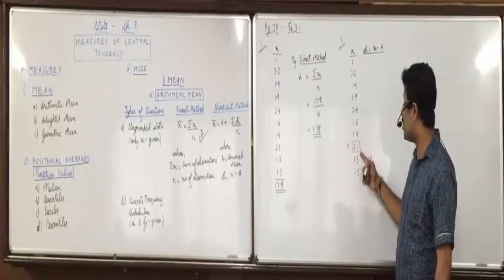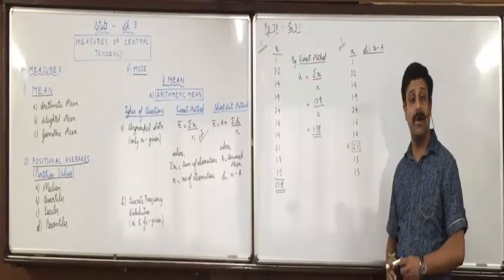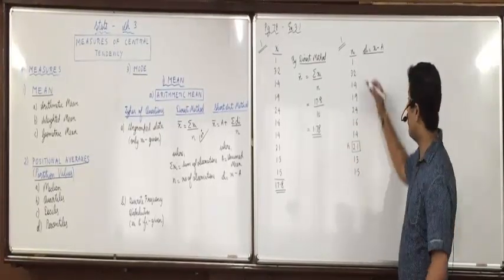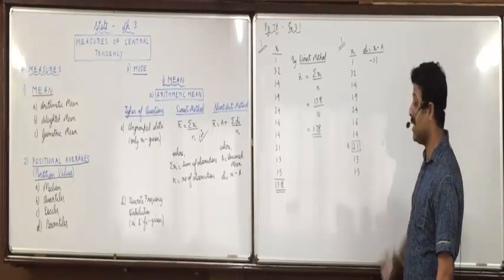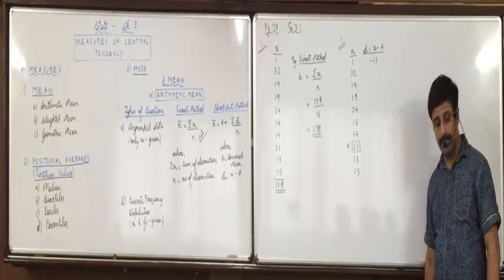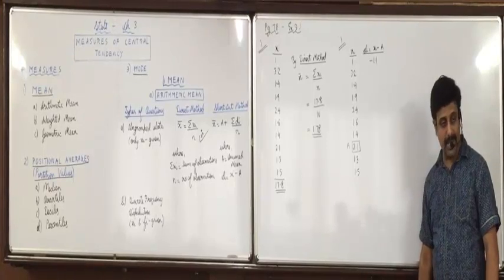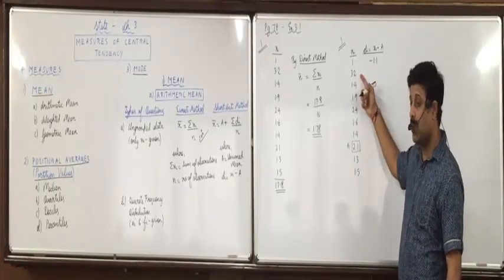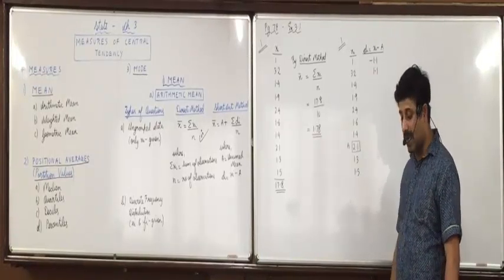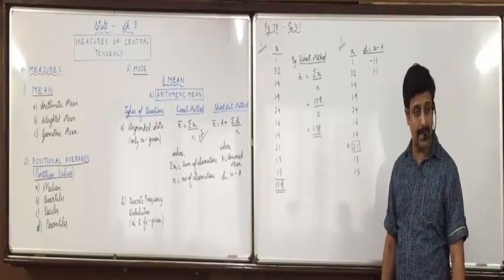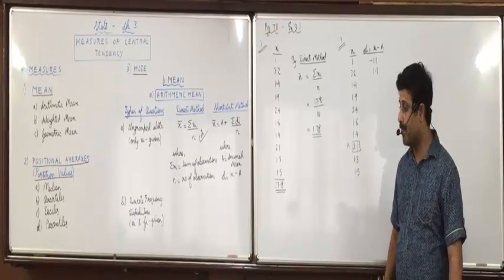From all the observations we will subtract 2.1. Understood that? I do 1 minus 2.1, minus 1.1. Do 3.2 minus 2.1. Keep on writing it also. Able to understand this?